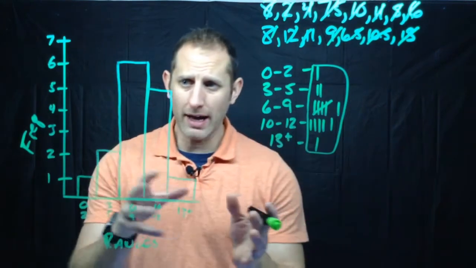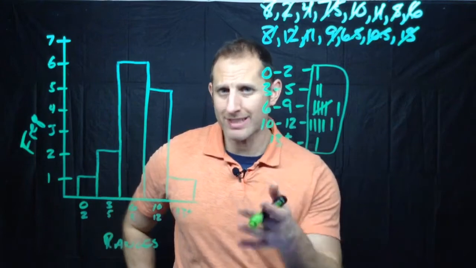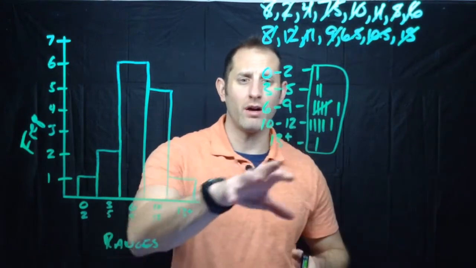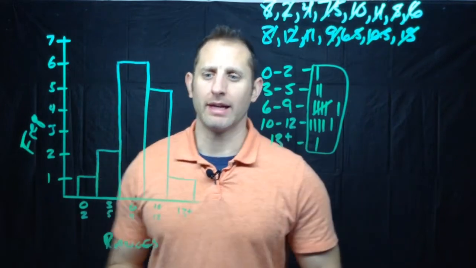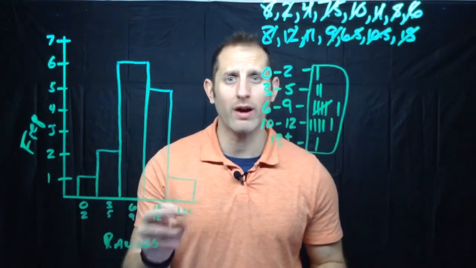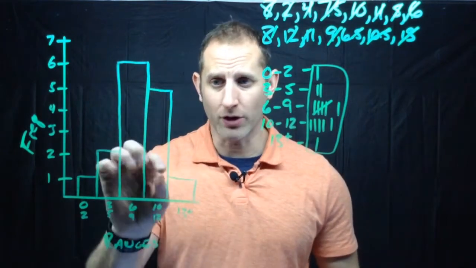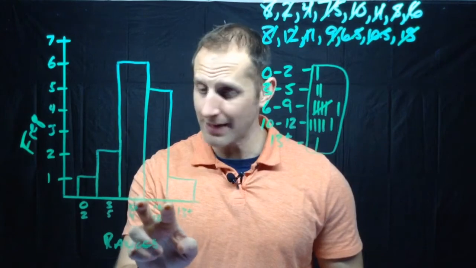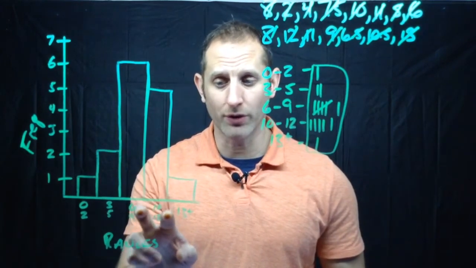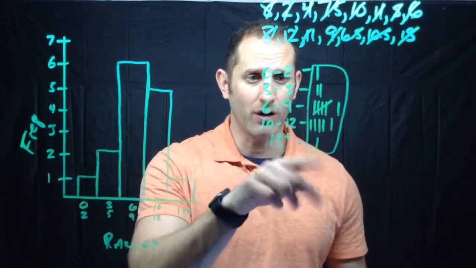Now, before I do a little bit of a recap, I do want to show you something. Let's pretend that one of these categories was 0. What would you do in a situation like that? Well, in a situation where there is a 0, you simply just erase the line, or you just don't even put the bar in there. You skip that category. You still have to have it because you are doing all of those ranges. So let's pretend that the 10 to 12 was a 0.